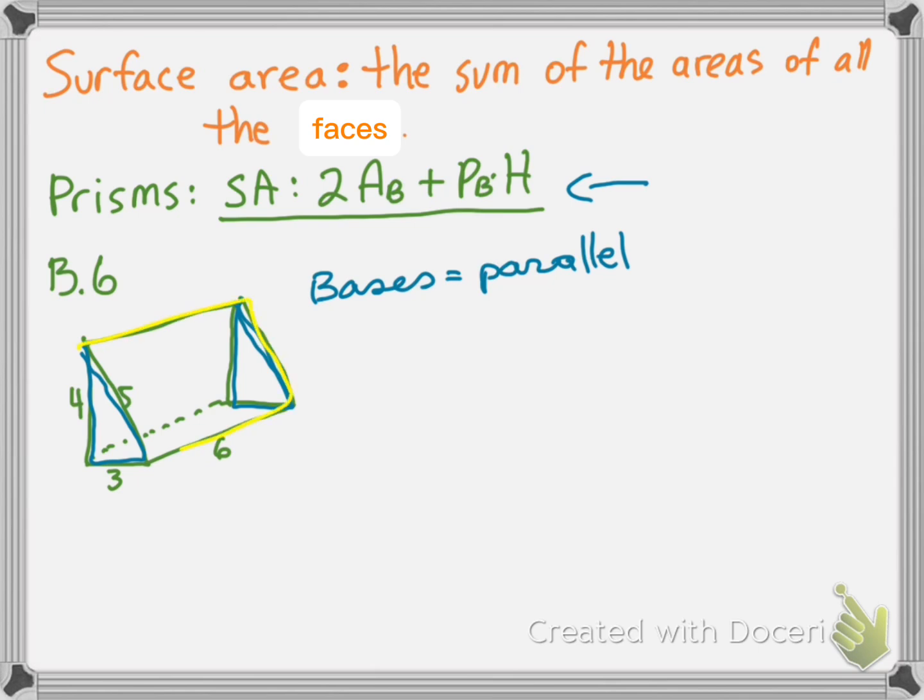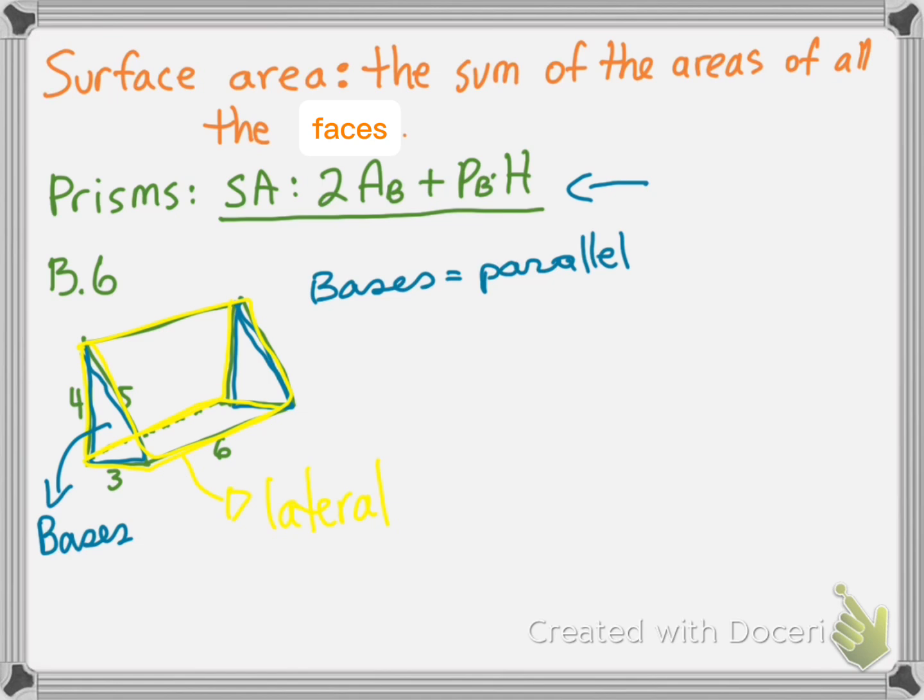We have a triangle here, we have a triangle on the bottom, and we have a triangle on the back. So those yellow faces are the lateral, and then the other ones are the bases. This one is the base. Now again, notice it's capital B, bases.